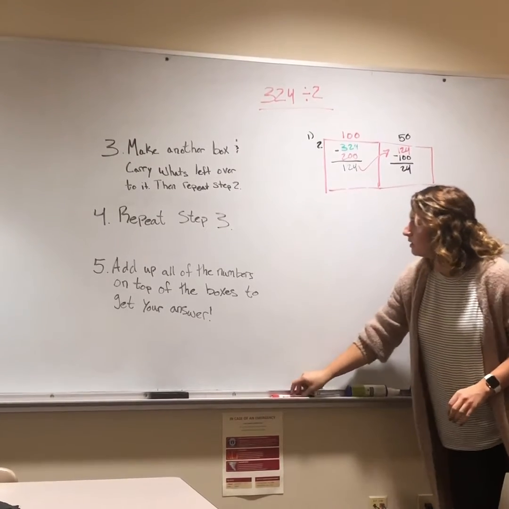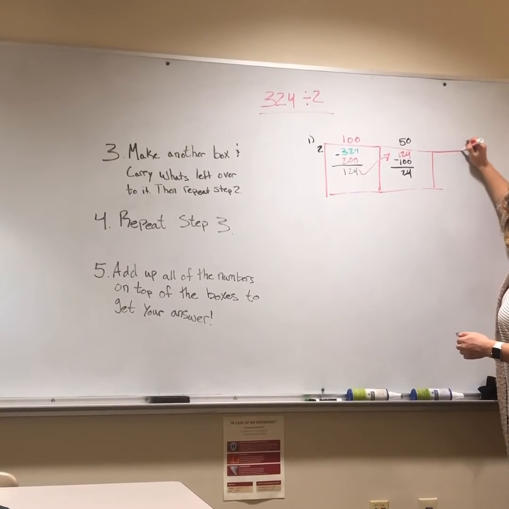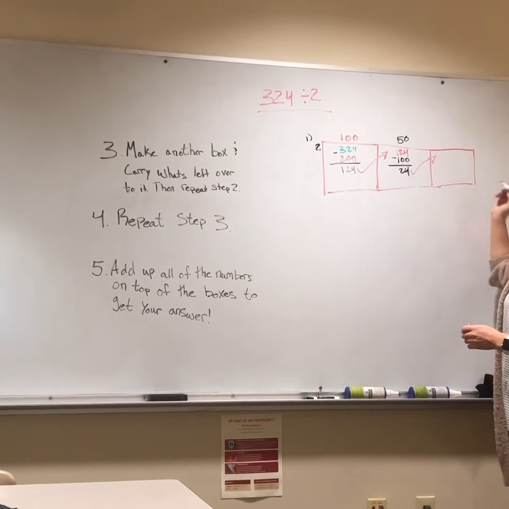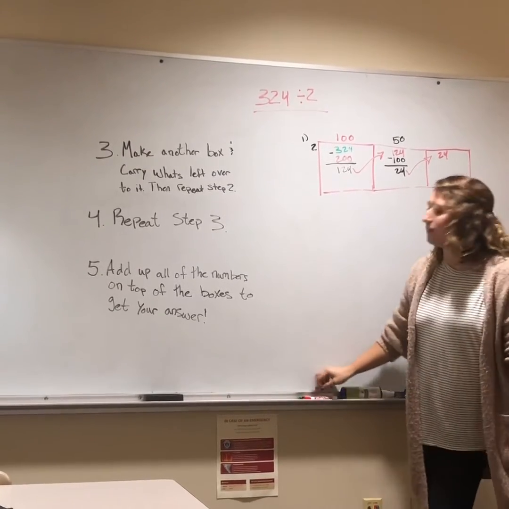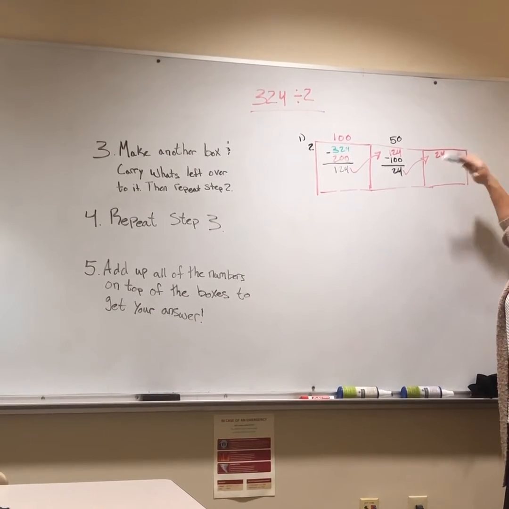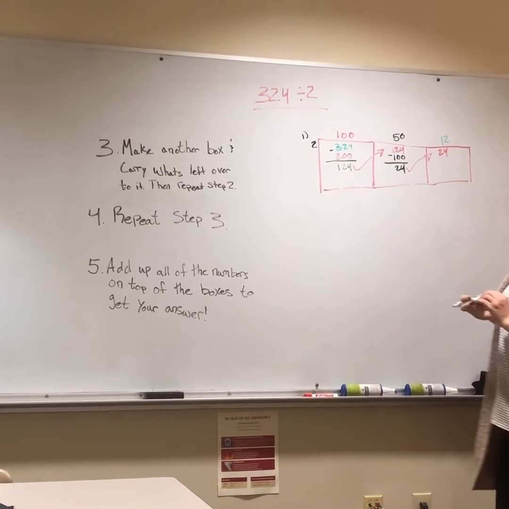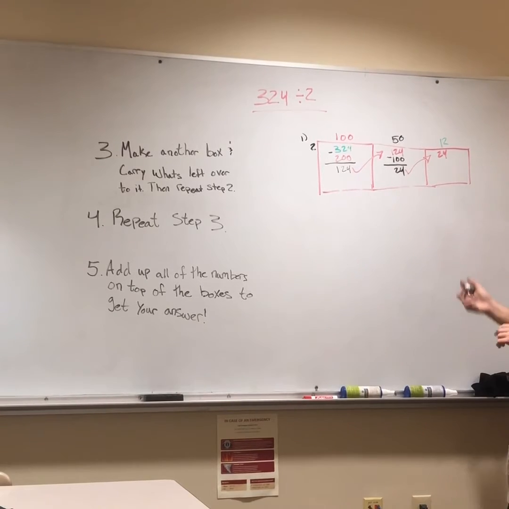Then we're going to repeat step 3 and do another box. Move the 24 up here. And I think now we can finish it off. So how many times does 2 go into 24? And that would be 12, because we know that 12 times 2 is 24.